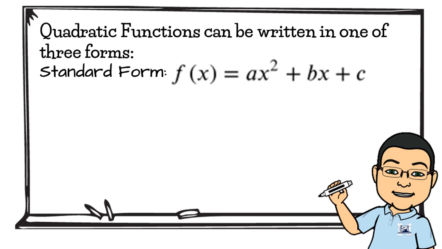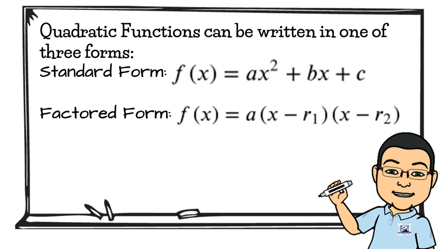Additionally, we can look at quadratics through what's called the factored form, where this has already been broken down into its two factors, a times x minus what we'll call r1 times x minus what we'll call r2, where r1 and r2 represent the roots, which also could be known as the zeros, or the x-intercepts, right?